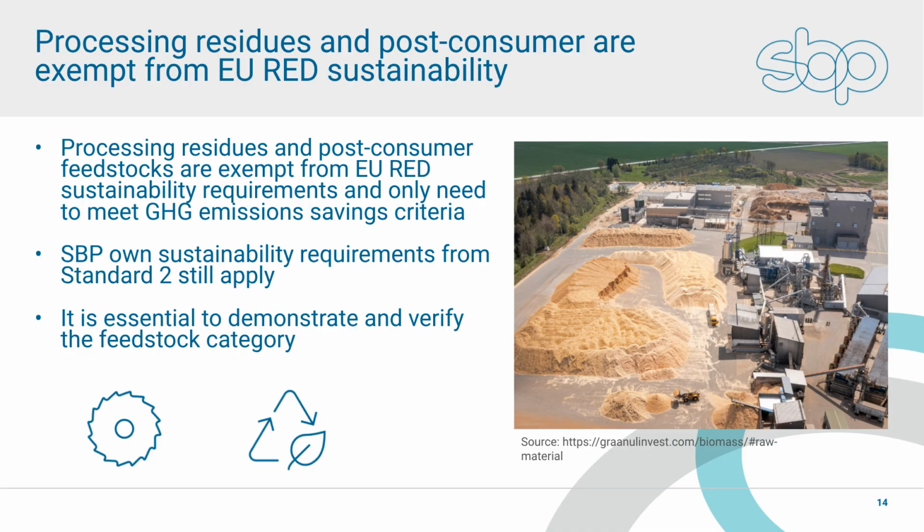This means that biomass producers need to include all such suppliers in their certificate scope, maintain records, collect self-declarations, and, where needed, conduct on-site inspections. Certification bodies, in turn, must list all suppliers of processing residues and post-consumer feedstock in their confidential audit reports, including basic supplier information, feedstock category and description, level of control, and confirmation that self-declarations are available.